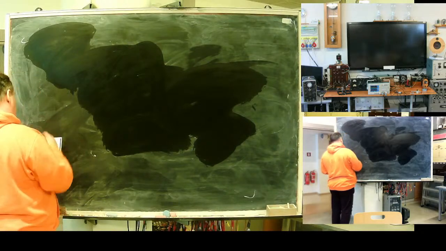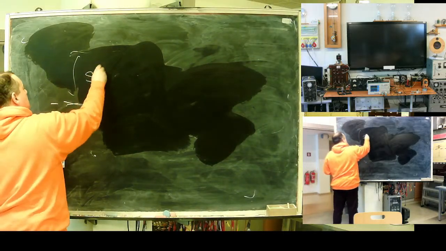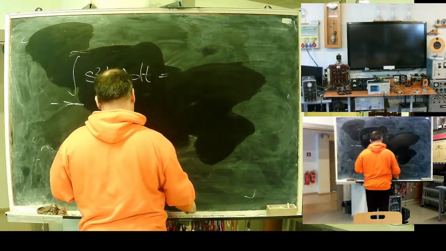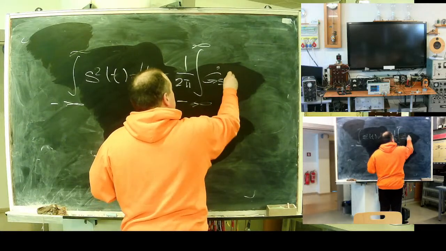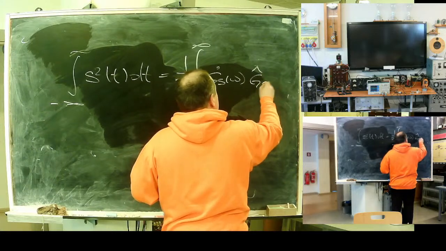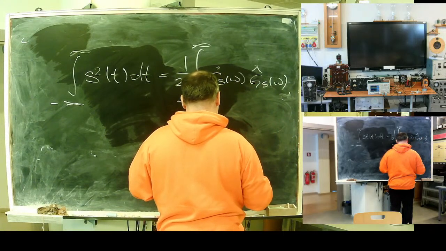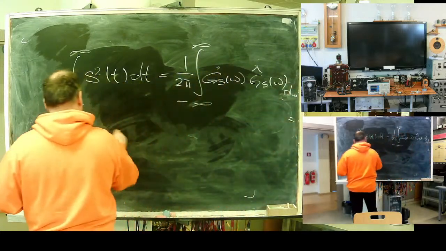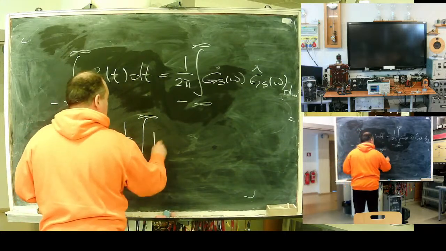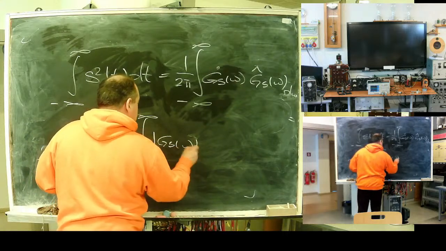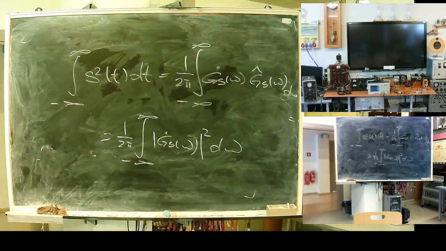So I can write my energy, the integral from minus infinity to infinity of the signal squared dt, equals 1 divided by 2π, the integral from minus infinity to infinity of my signal spectral function multiplied by the conjugation of my signal spectral function, dω, or 1 divided by 2π, the integral of the square of the absolute value of my spectrum function.